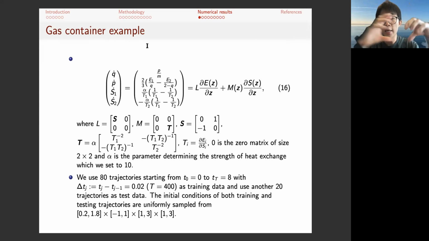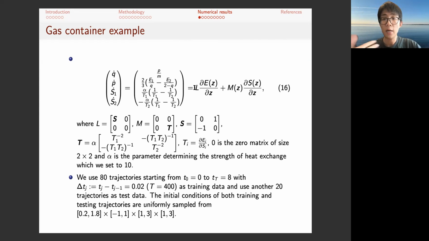In each container there is some gas, not in thermodynamic equilibrium, and the wall in the middle will move left and right in an oscillatory way, and this function is actually very nonlinear, so not easy to learn.